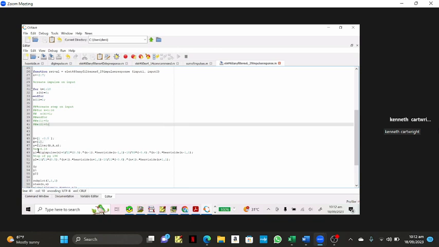So my y output is filter. What filter? The filter that's described by the difference equation given in vector b and vector a. And we're going to have the input as x. Okay. Don't worry about line 49. I'm not using line 49.